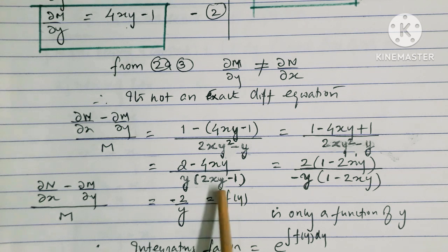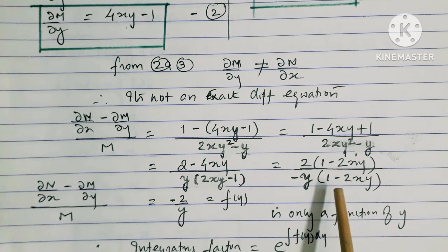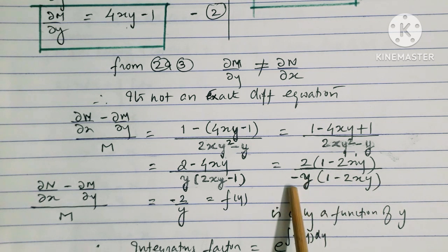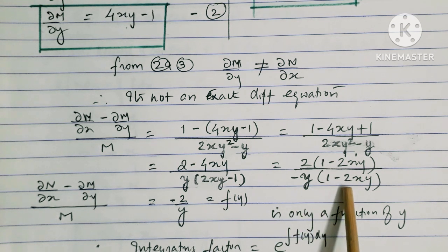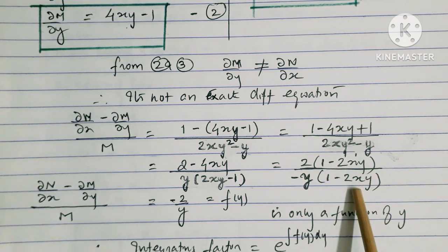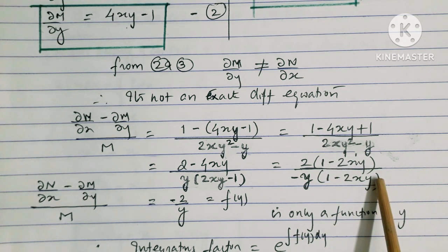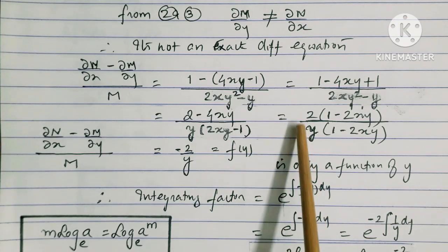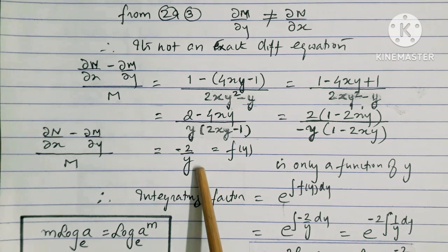That is 2xy − 1, we will write it as 1 − 2xy, and this can be done by writing a negative sign outside the bracket. So the denominator would be −y into bracket 1 − 2xy. Now the term 1 − 2xy will cancel out in the numerator and the denominator. And we will be left with −2/y.